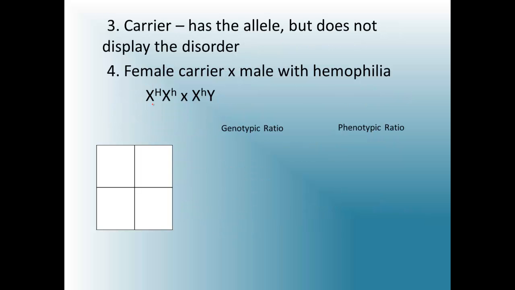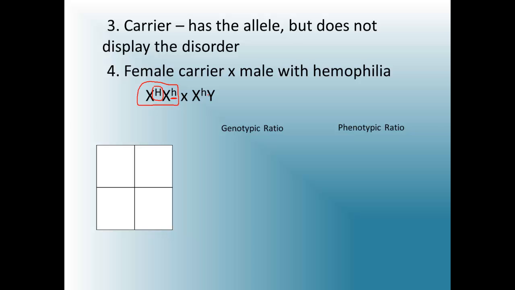Where this gets a little bit confusing is when we're talking about who has it and who doesn't have it. So we also have this idea of a carrier. A carrier is a person who carries the allele and who can pass it down to her offspring, but because of the dominant other allele, does not display the trait.